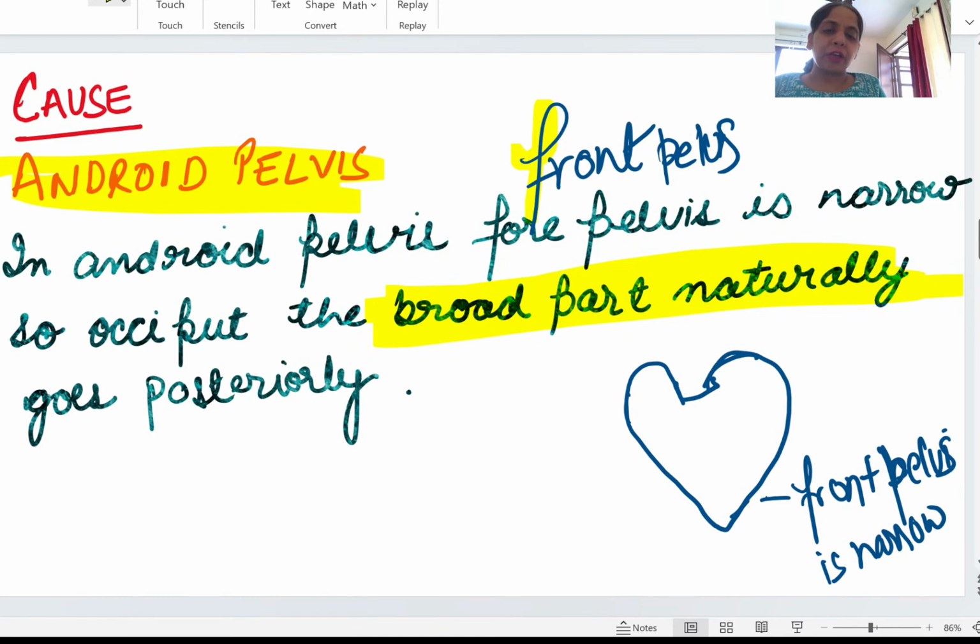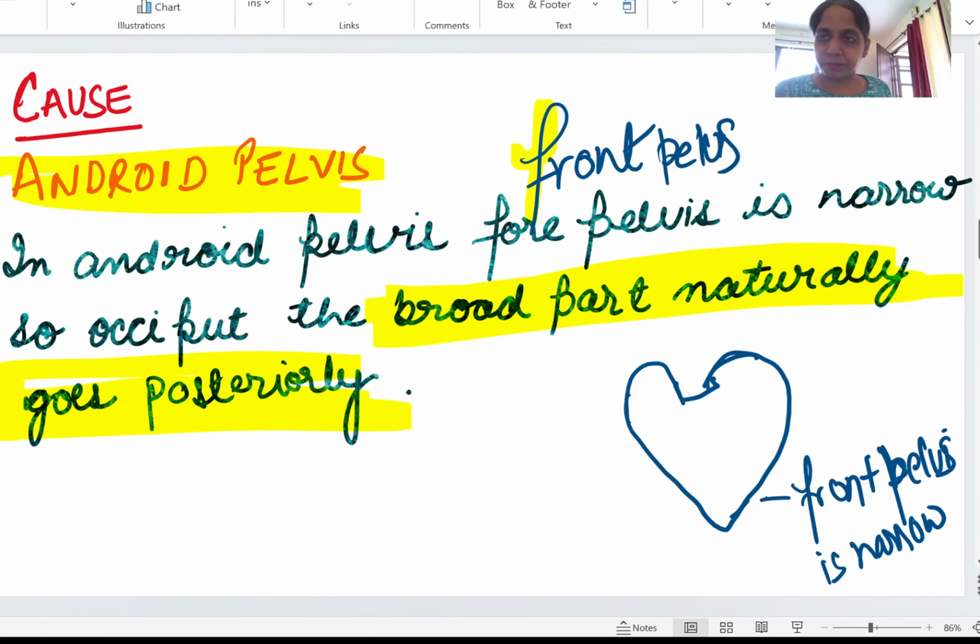The broad part of the fetal head is the occiput. So in the android pelvis, the broad part of the fetal head goes in the broad part of the pelvis. Very good.